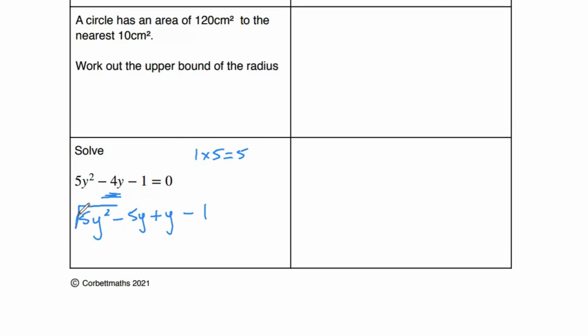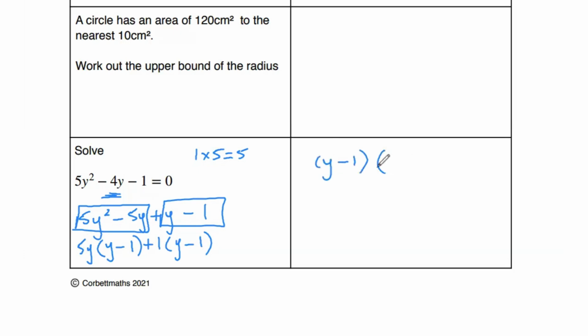Now we factor by grouping by splitting the equation into two groups. Between 5y squared and 5y, we have 5y common. So 5y bracket y minus 1. And between y and 1, we have 1 common. So plus 1 bracket y minus 1. So now between 5y and plus 1, we have y minus 1 common.